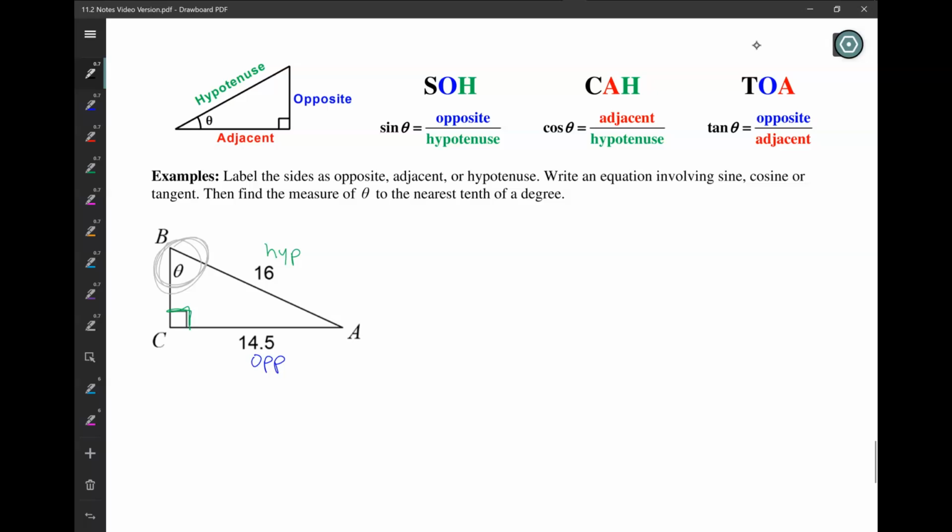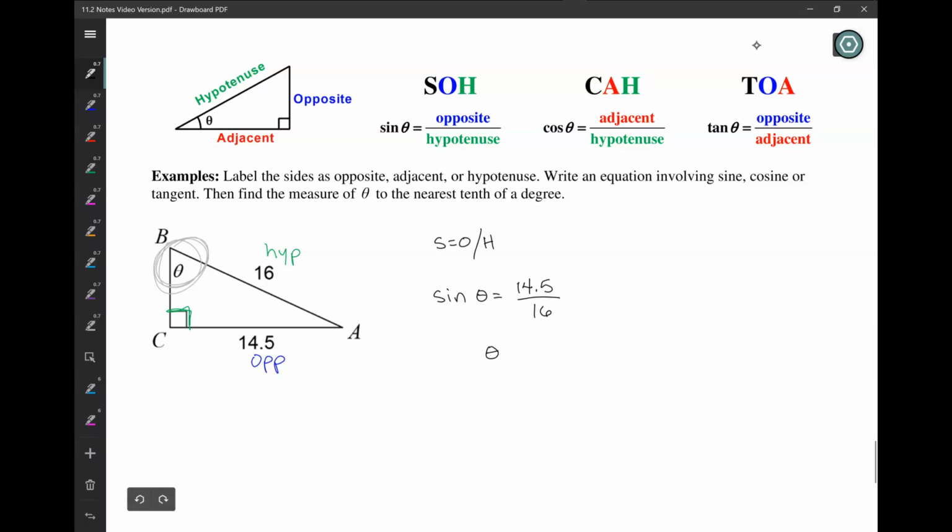That would be sine. So sine equals opposite over hypotenuse. So the sine of theta is opposite, 14.5, divided by hypotenuse, which is 16.